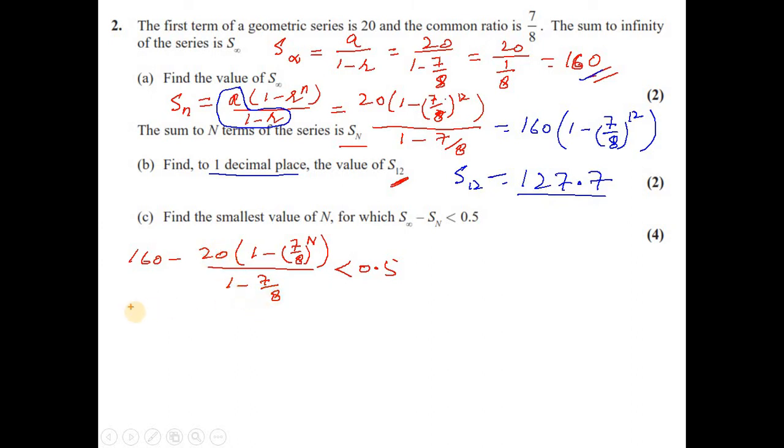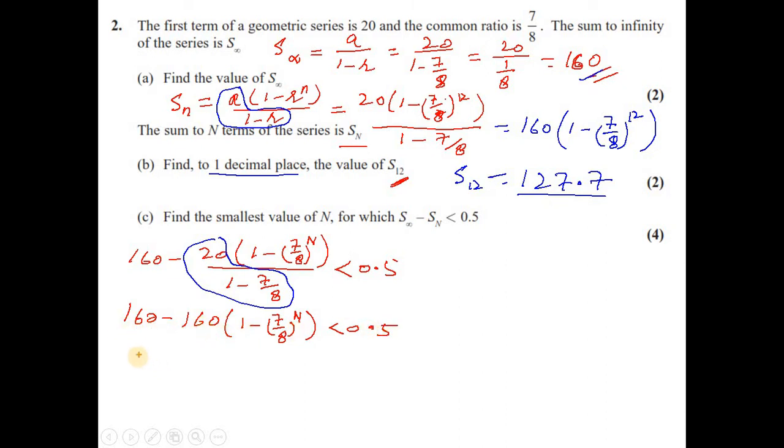So you can say that this is 160 minus 160, and then in brackets you have 1 minus 7 by 8 whole power n, less than 0.5. Then you can take 160 common.